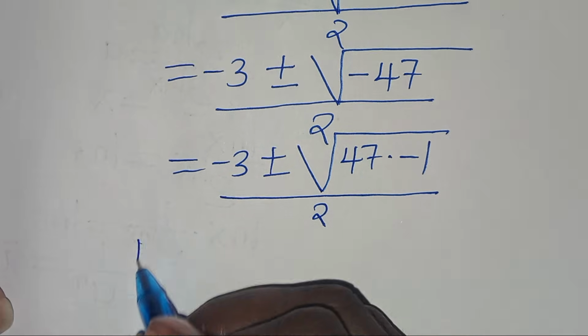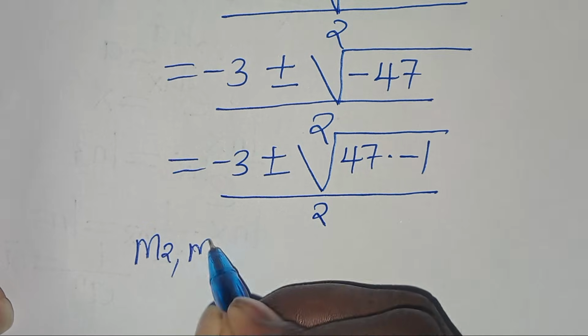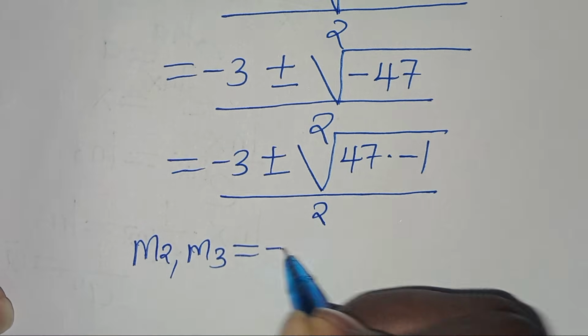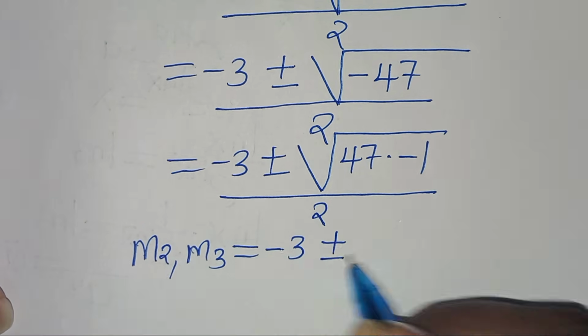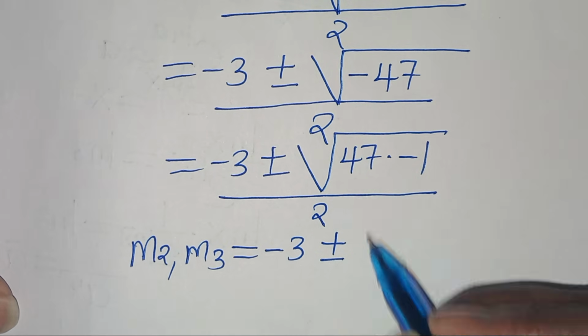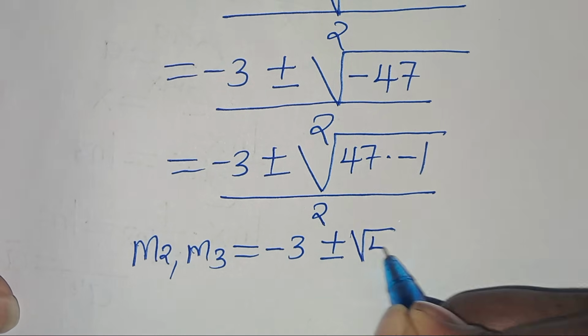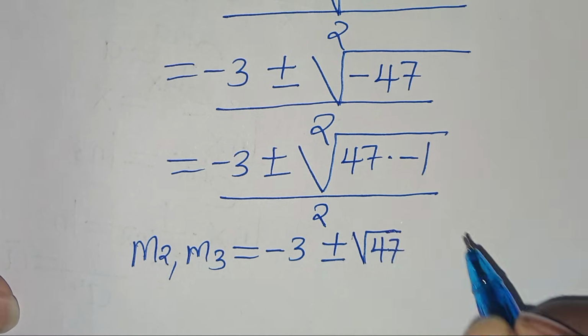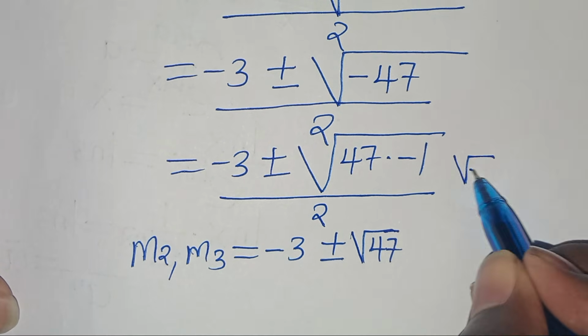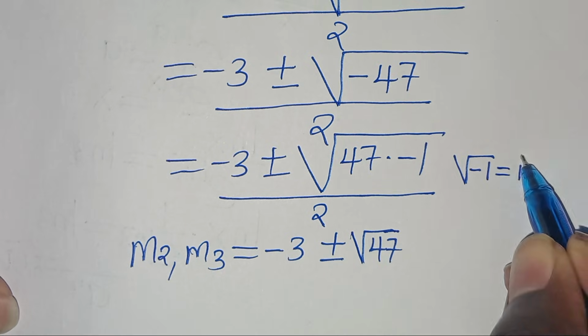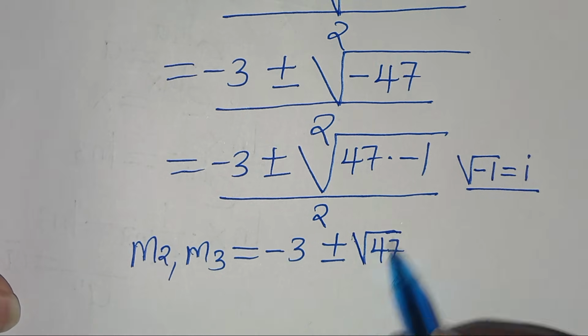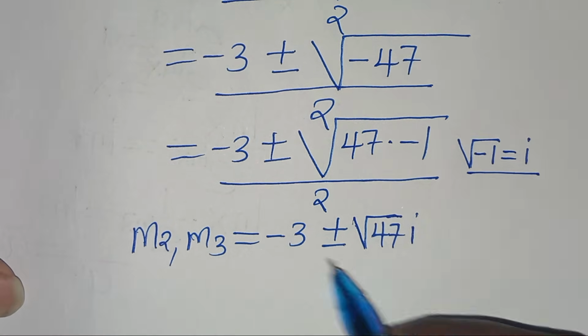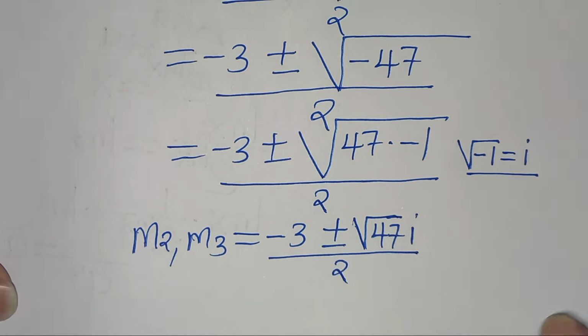So this implies that m2, m3 is equal to minus 3 plus or minus the square root of 47, and then the square root of minus 1, this is equal to i. So we have square root of 47i divided by 2.